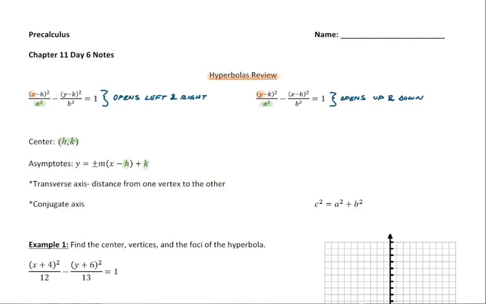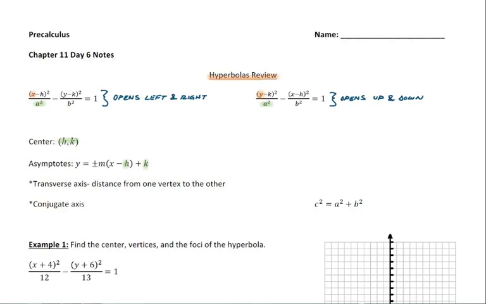The slope, the easiest way is to count it from the center to the corners of the box we draw when we sketch our hyperbola, and then the h and k in the equation of the asymptote will come from the center. It'll always be counted from the center. The way I like to think about it is the center is the center of the two vertices of the hyperbola, the center of the two foci, and the center of the two asymptotes as well. The asymptotes should pass right through the center of the graph.